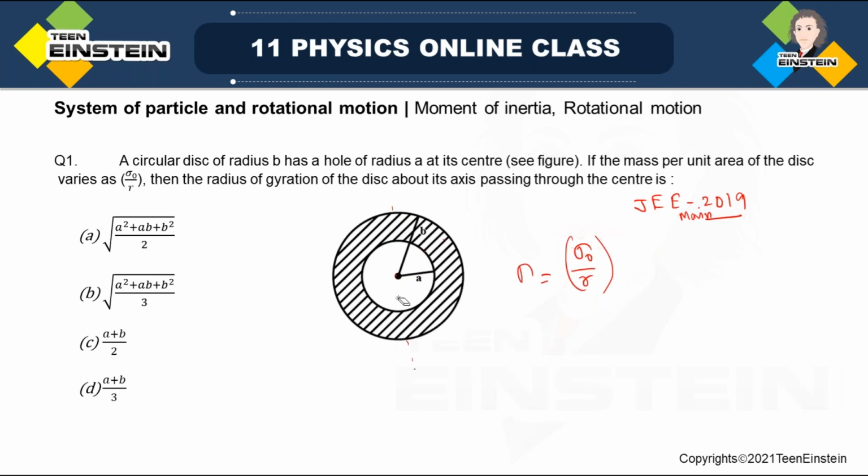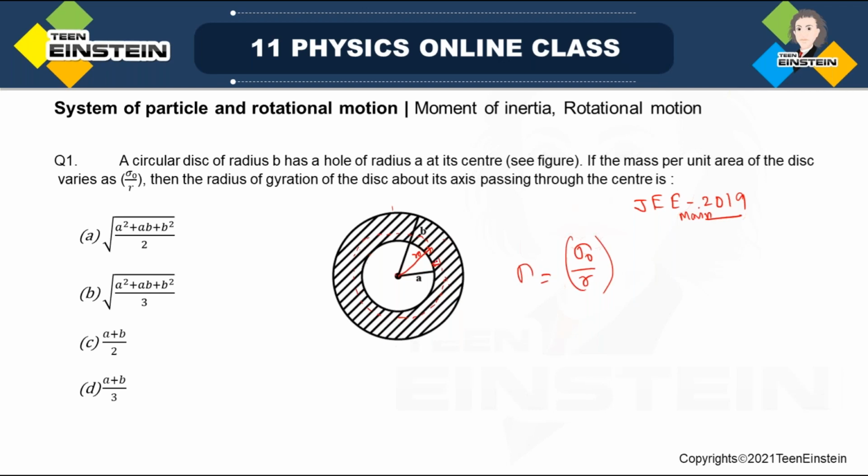So how to solve this problem? Let us take an elementary disk of radius r from the center. You can see this is the disk, and I have mass between this region.